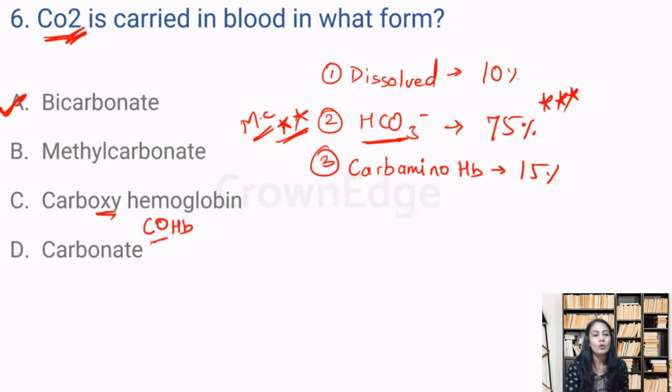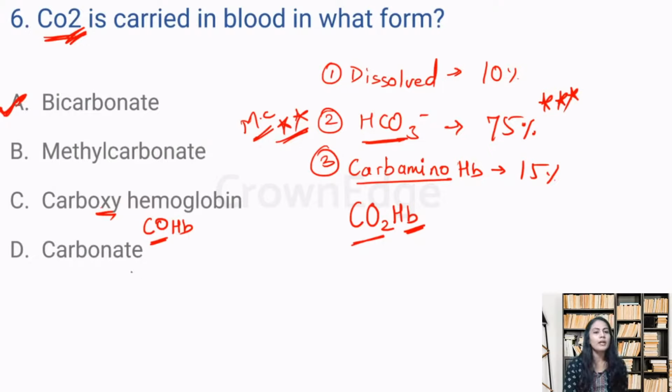Remember, so what do you want? Carbamino hemoglobin. What is carbamino hemoglobin? It is CO2HB, CO2 bound to HB. But if you say carboxy, that means it is carbon monoxide.